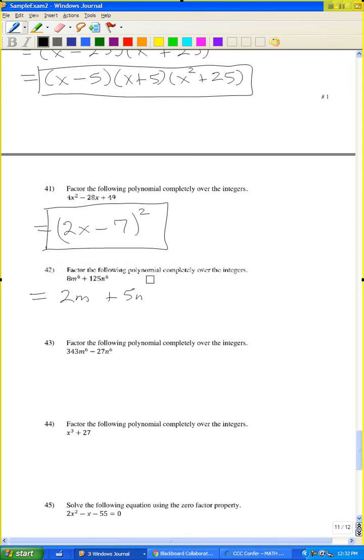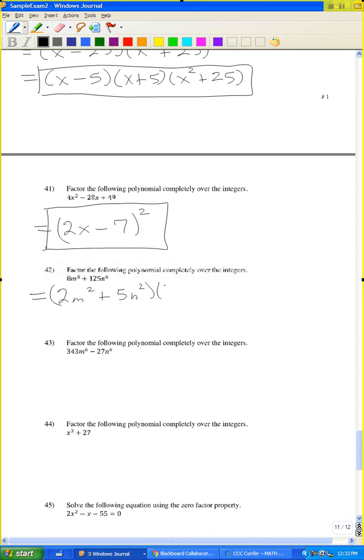What did I write? Okay, let's try this again. The cube root of 8 is 2. The cube root of m to the 6 is m to the second. The cube root of positive 125 is 5. The cube root of n to the 6 is n squared.